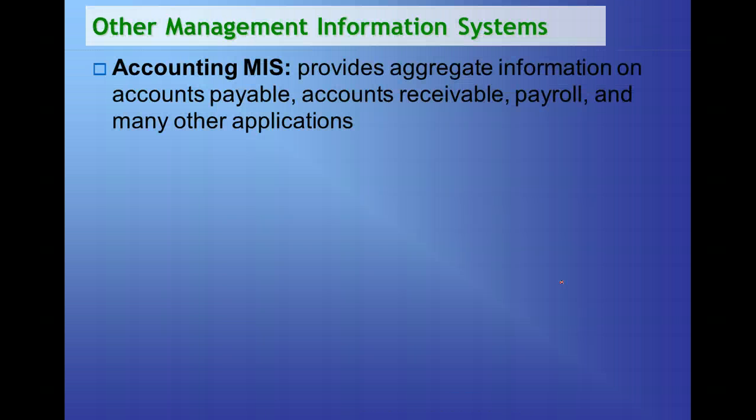And lastly, we have other management information systems, for example accounting MIS, which provides aggregate information on accounts payable, accounts receivable, payroll, and many other applications. When we say aggregate, it means a summary, where we sum up details of data into a summary to give more reports that people can use to analyze better.